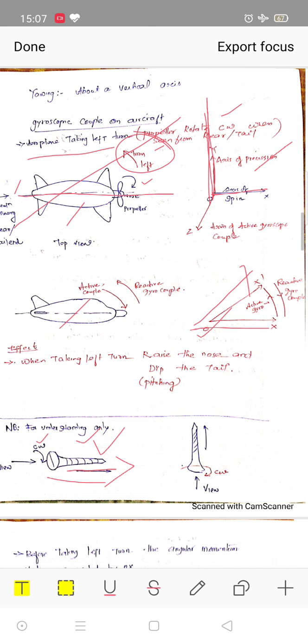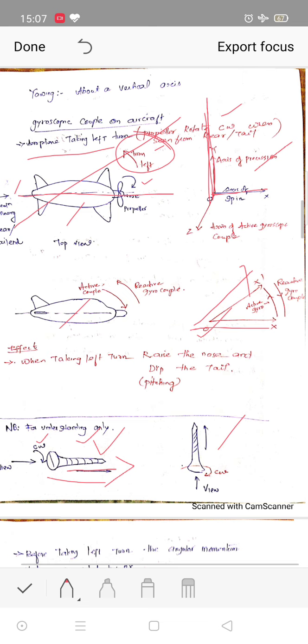The active gyroscopic couple is in the upward direction. So we are keeping a screw in the upward direction. Understood? The direction of the active gyroscopic couple in this figure is upward, so we are giving an upward motion to this screw. You should understand this carefully, then only we can understand this concept; otherwise it will be very confusing when we go further.